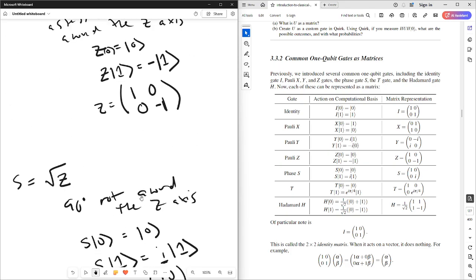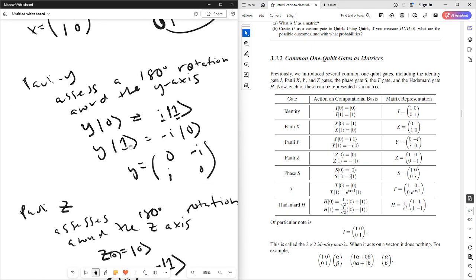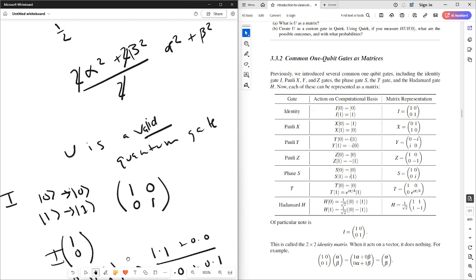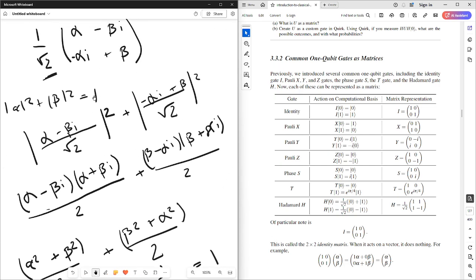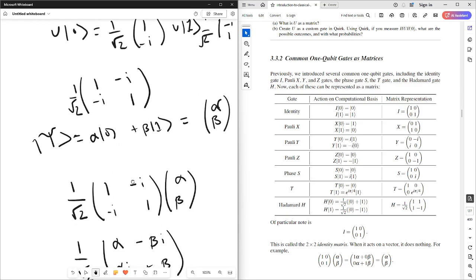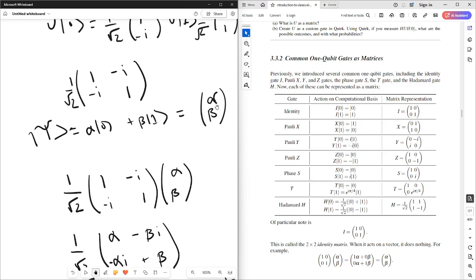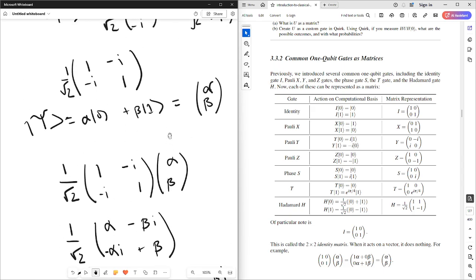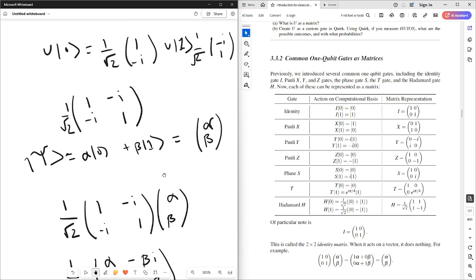So, looking back to what we were looking at with how we even write things in, we have our amplitudes and we assess a gate, and then they funnel through the matrix operation.